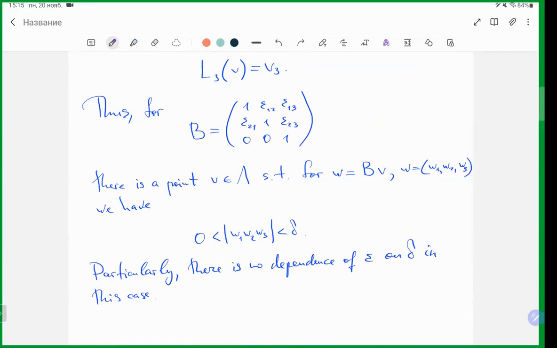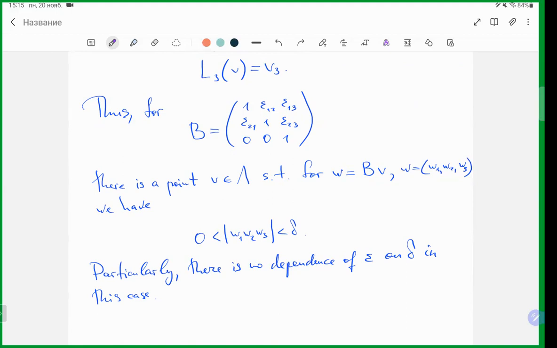And as we see, this bound on the epsilons has nothing to do with delta. So actually, this epsilon can be arbitrary, just fixed, and that's it.